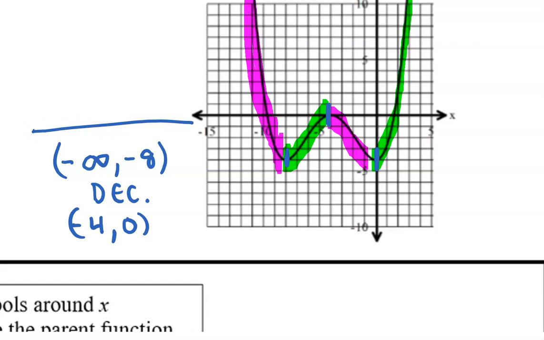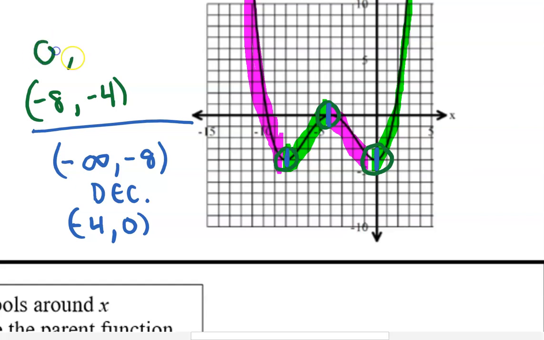Well, from -8 to -4. You'll notice I'm using parentheses, not the square bracket, because actually at these points, it is neither increasing nor decreasing. It is switching from one to the other. So our other increasing portion of the function is from 0 to +infinity.